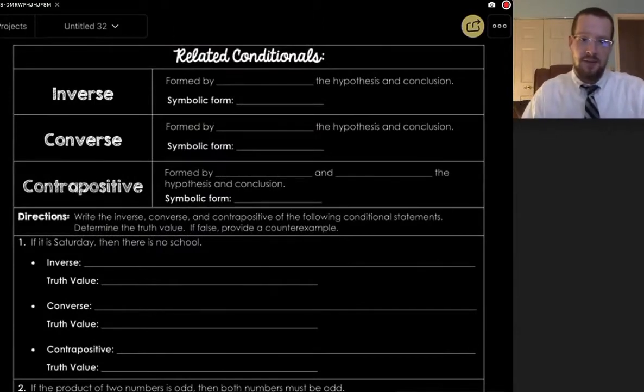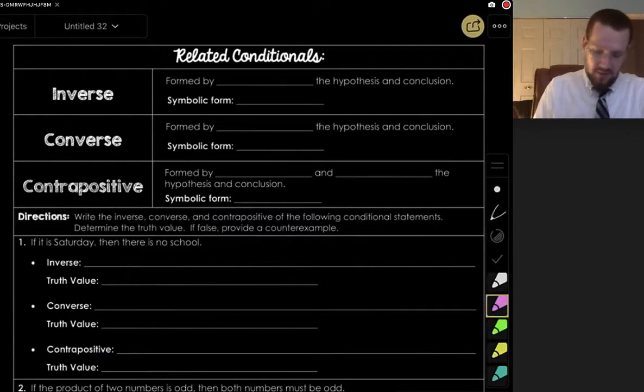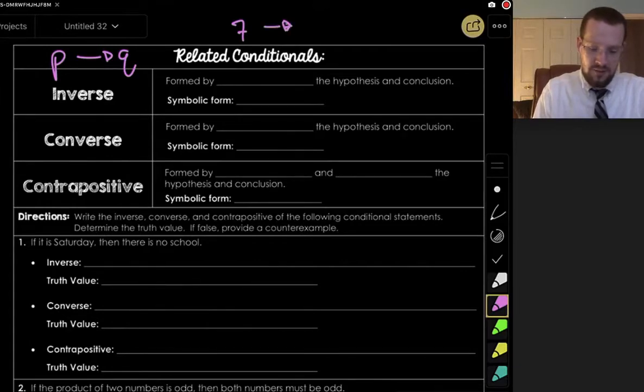So we have what is called the inverse. At the top here, this was our conditional statement: P implies Q, right? And if you think about the inverse of 7, well, the inverse is like the opposite, right? So 1/7 is like an inverse, and maybe you could also consider -7 to be an opposite.